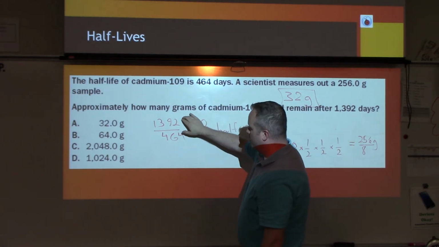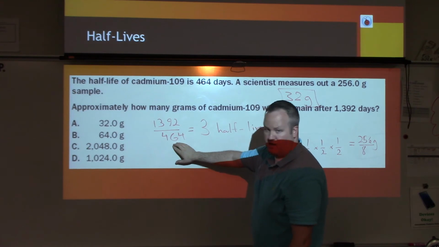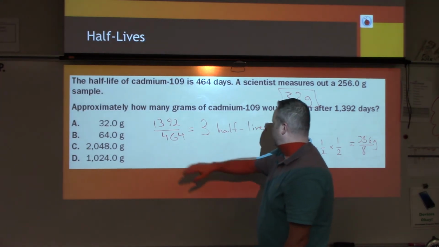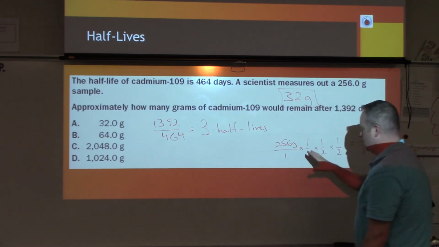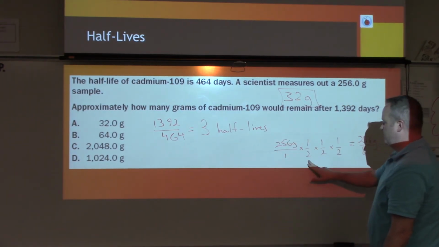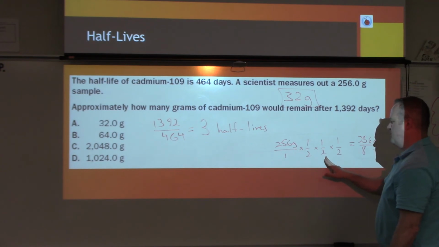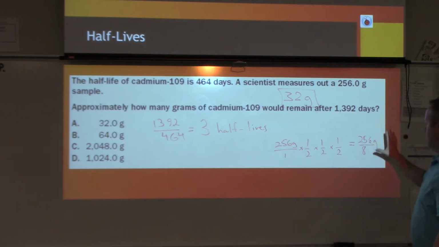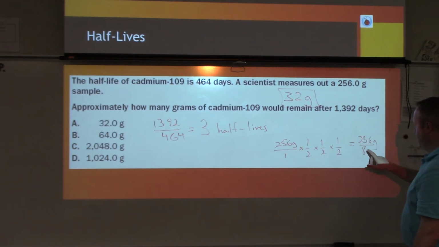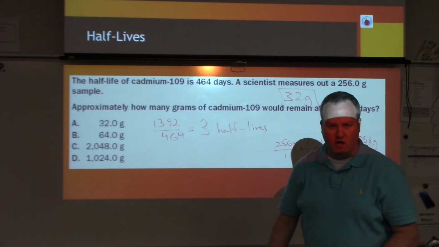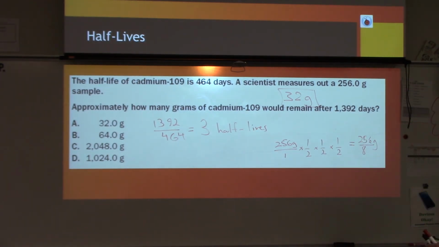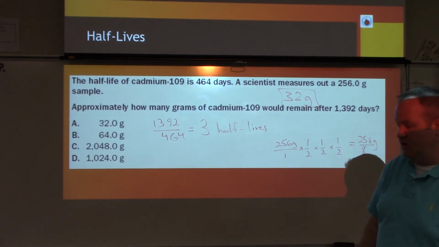Taking the total number of days and dividing by the amount of time in one half-life gave me 3. So I had 3 half-lives. Take 256, multiply by half, multiply by half, multiply by half, and I get a total of 8. So 256 divided by 8 gives me 32. That is how you solve half-life problems. You are probably going to have at least 2 of those on your EOC.